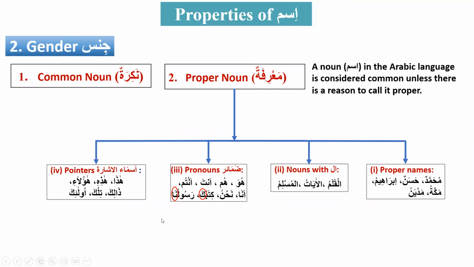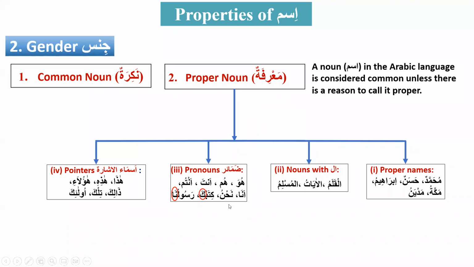So now when you see an ism and you want to determine if this is a common noun or a proper noun, first of all, you see, is it a name of a person or a thing? If it is, then you say it is a proper noun. But if it is not, then you look for al at the beginning. If you don't see an al at the beginning, then you determine if this is a pronoun, attached or detached, doesn't matter.